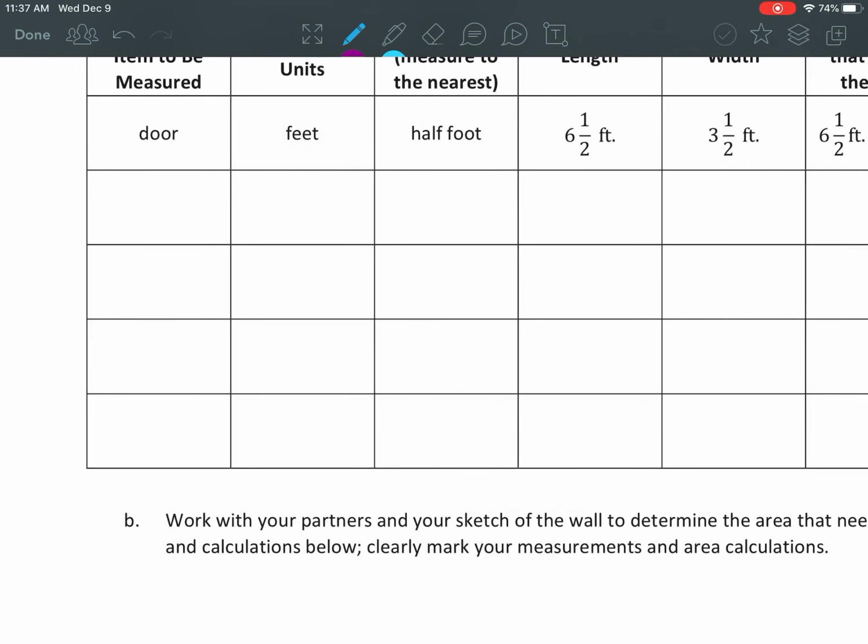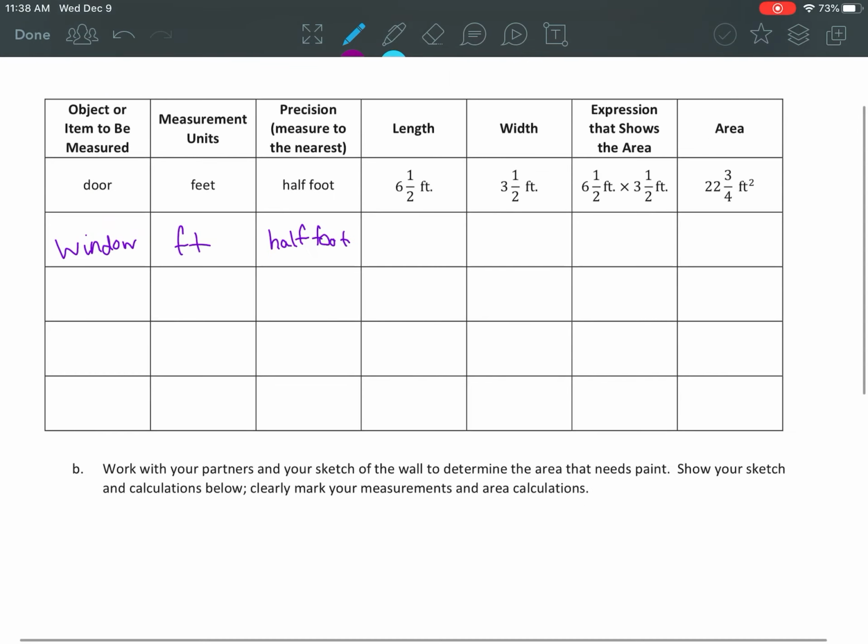So if we have the window in my classroom, and we'll say feet and half foot, we'll say that is 6 feet long and 4 feet high.